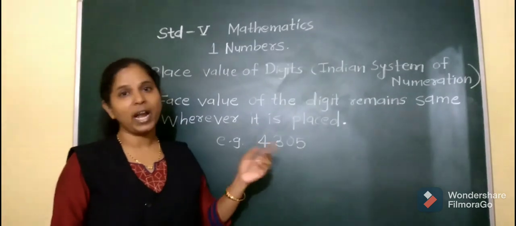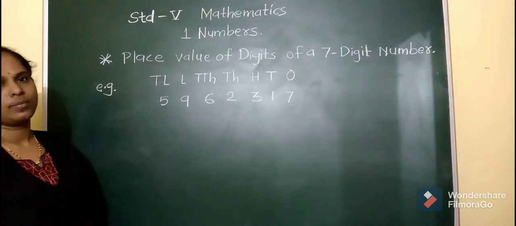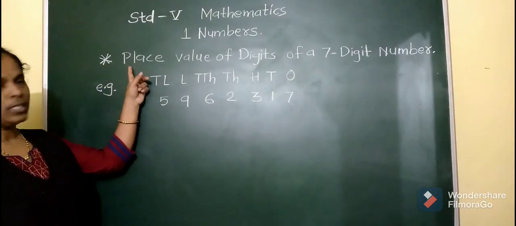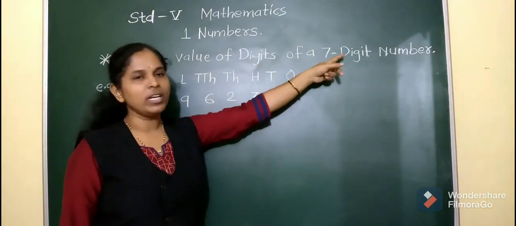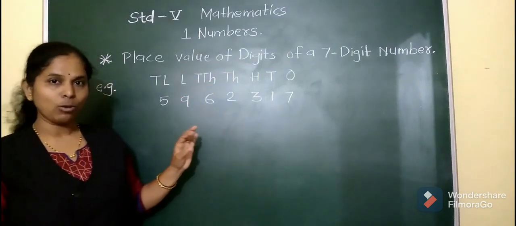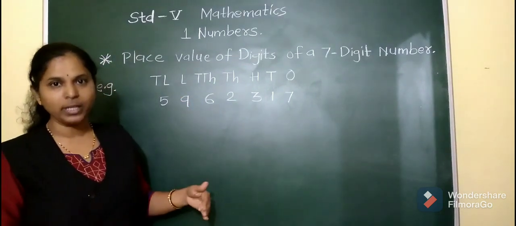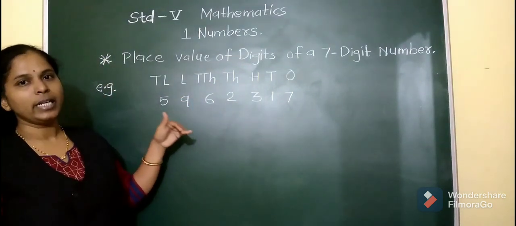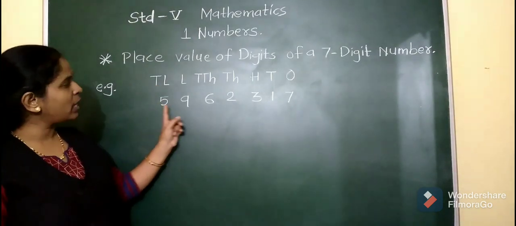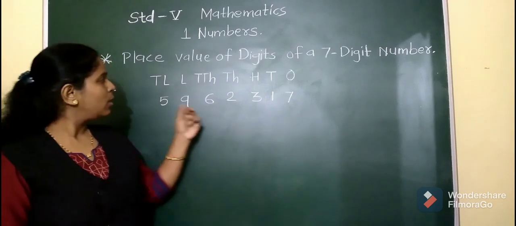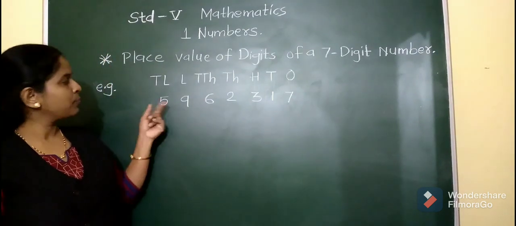Understood? Place value and face value. Next is place value of digits of a 7-digit number. We know a 7-digit number starts with the place 10 lakh. Now see here, I have written one example. How to read this number?